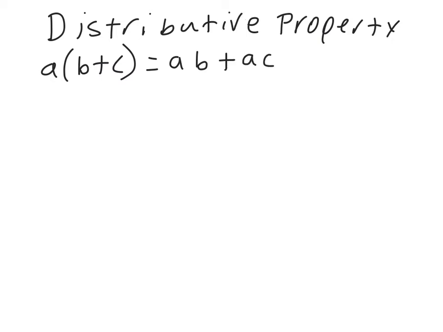So what we did here was we distributed this a to both the b and the c. So anytime you have a number in front of parentheses, you have to multiply that number by every term in the parentheses. So in this case, we have two terms. We have b and we have c. So a has to multiply by both of them.